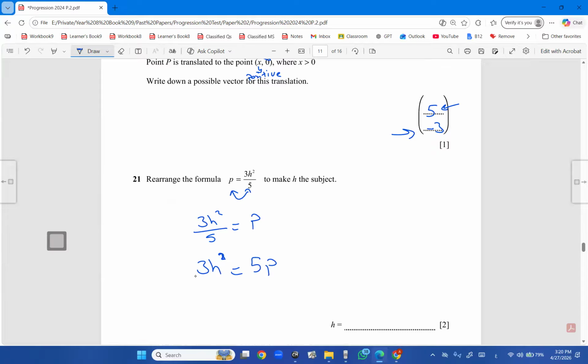Now I need to send the 3 there, division. So it's h squared equals 5p over 3. So what is h? H is the square root of 5p over 3. Okay, this is the square root, and now I made h the subject.